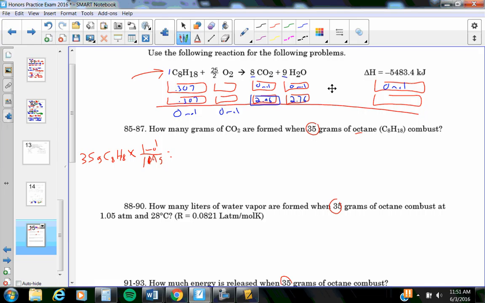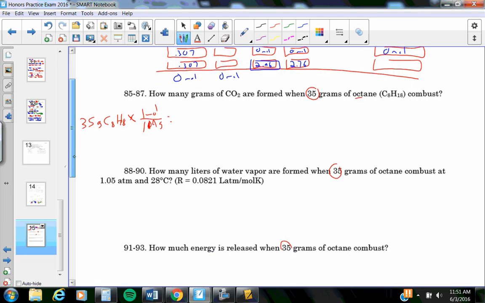1 mole releases 5,483.4 kilojoules. So 0.307 moles will only release, and if I'm going to fill this in there, I think that's really one of my problems.